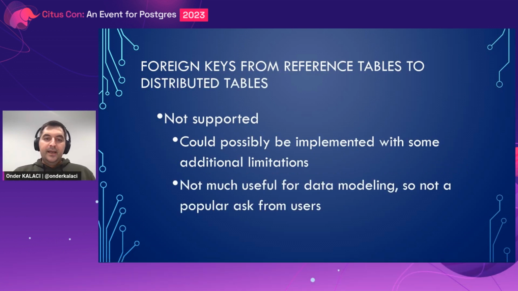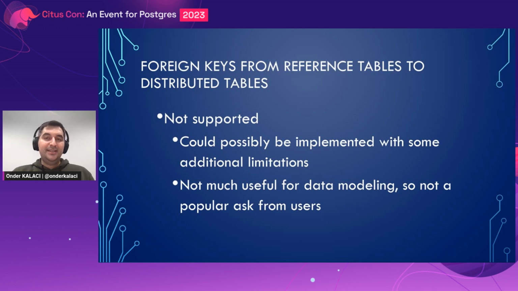Okay. And this is also another interesting case. Citus also currently does not support foreign keys from a reference table to a distributed table. This could possibly be implemented with some additional limitations, because the relevant data is actually collocated on the worker nodes. But then it's not really much useful for data modeling.